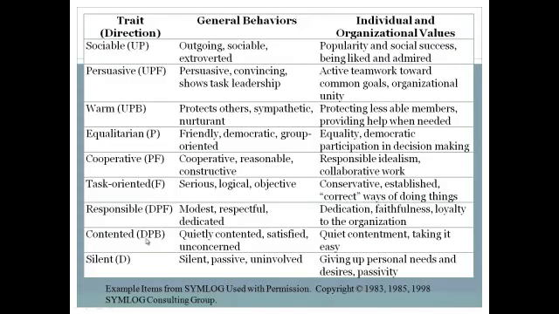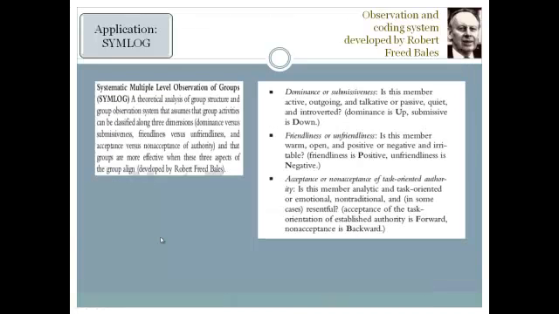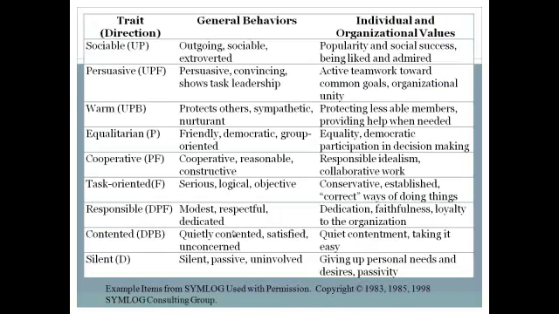What about DPB? D is passive, submissive. P is positive, so they're friendly. And B is backward, so they are not really task-oriented. So they're kind of like just happy and satisfied, taking it easy. They are certainly not focused on doing the task.